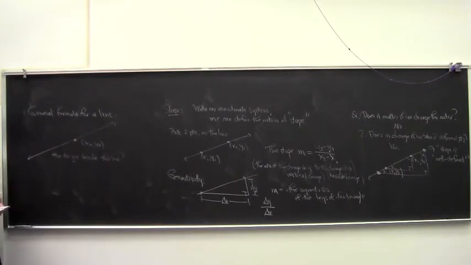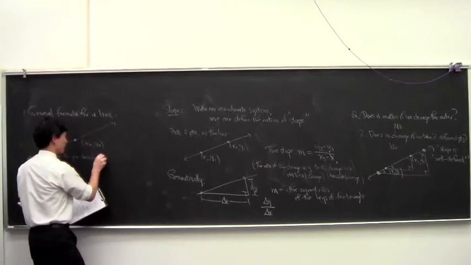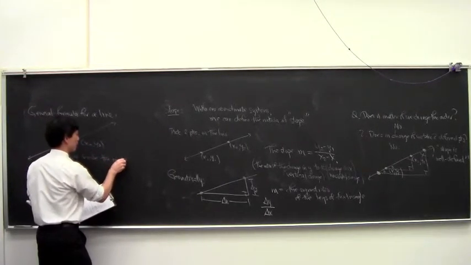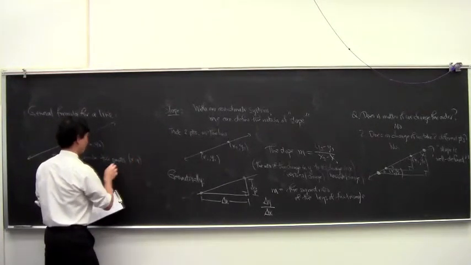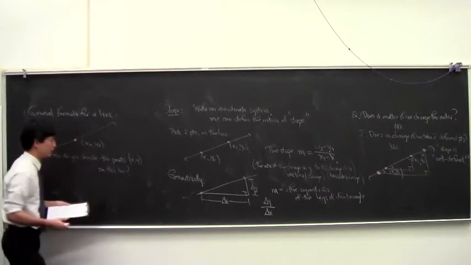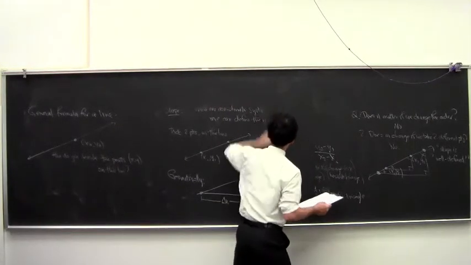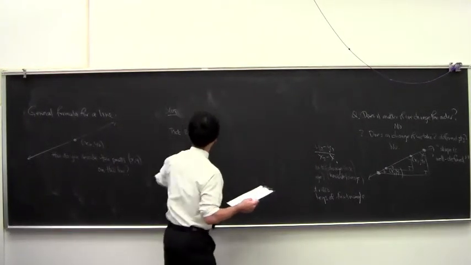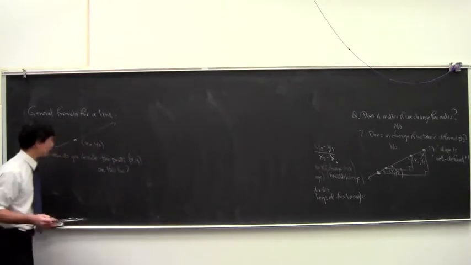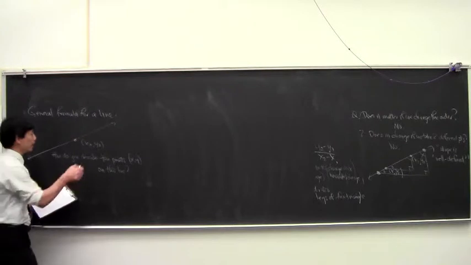How do you describe the points x, y on this line? I think that's a little bit poorly worded, but go on. See if I can fix it once we realize what's wrong with it. Let's see how we describe the points on this line.